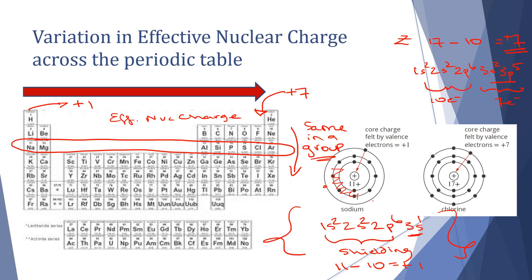Many of the properties that we see, in terms of physical properties, melting points, size, and things like that, as well as our chemical properties, can be explained using effective nuclear charge. When doing worded questions involved with periodicity, this is something that we should certainly be doing. We should start with our electron configuration, work out our effective nuclear charge, and then explain how that affects the properties. And we will look at the properties in our next video.